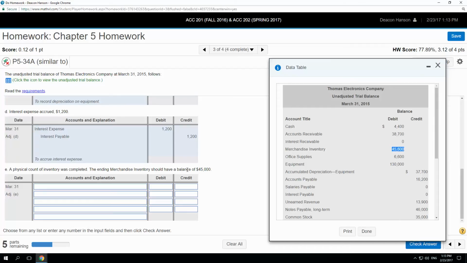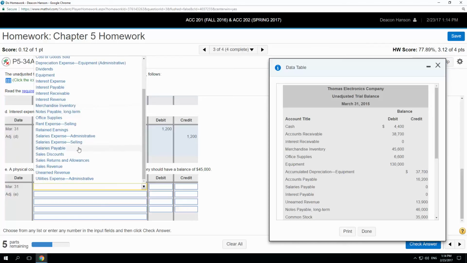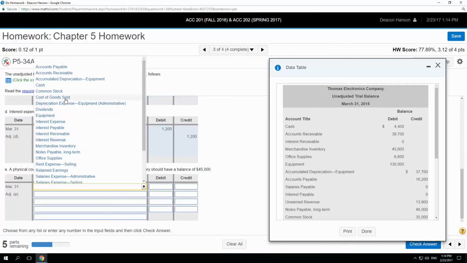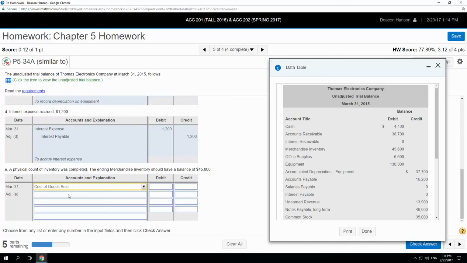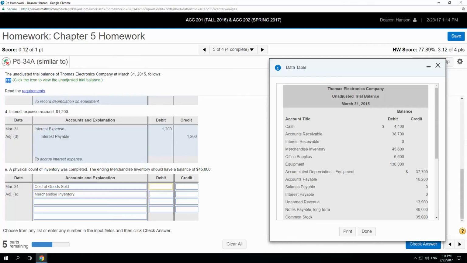Okay, so it should have a balance of 45,000. So there's a $600 difference, right? So what are we going to do? You know, we'll go ahead and try this. $600.